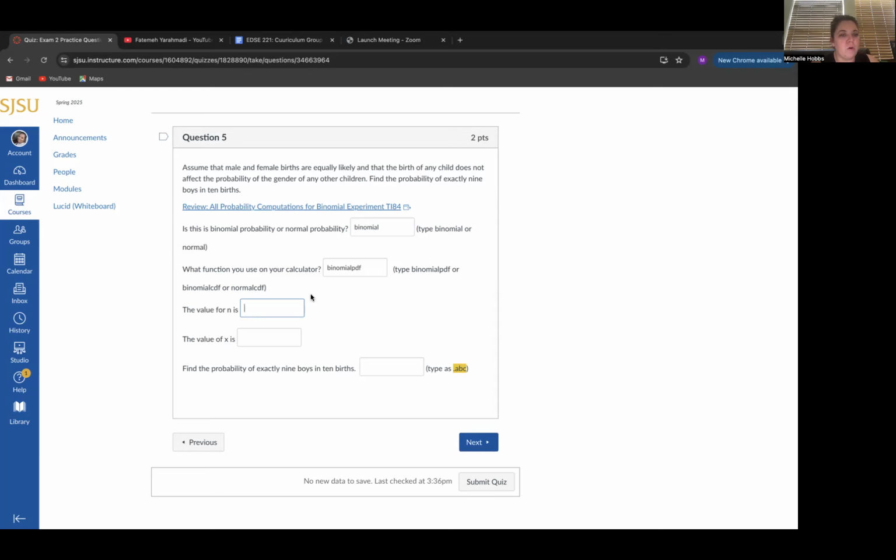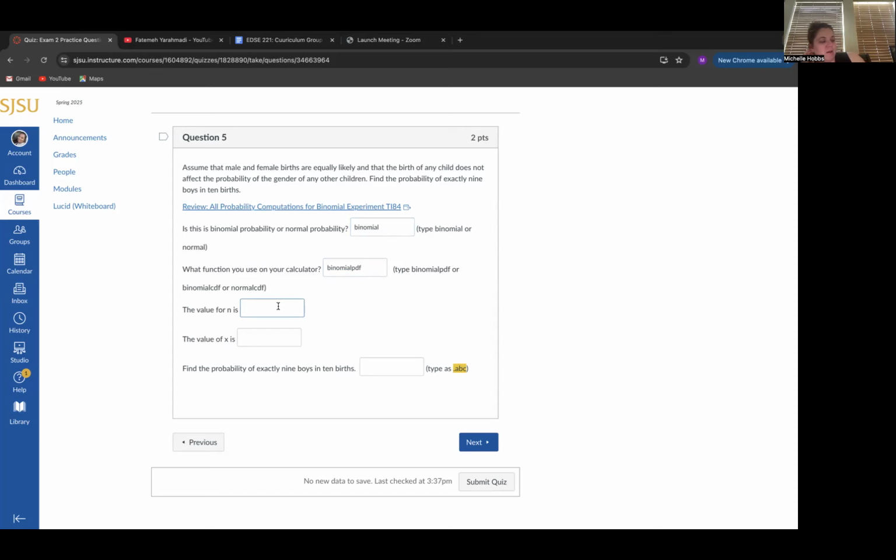Binomial PDF or binomial CDF or normal CDF? I think I wrote binomial. Yeah, I think binomial because it is a binomial probability.